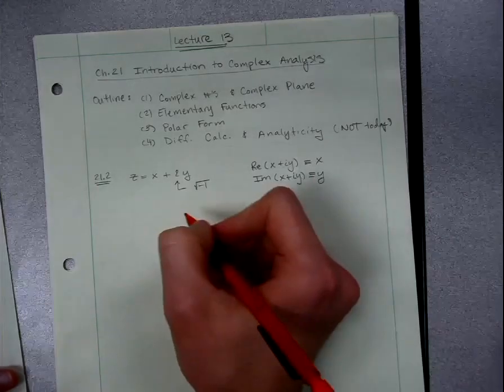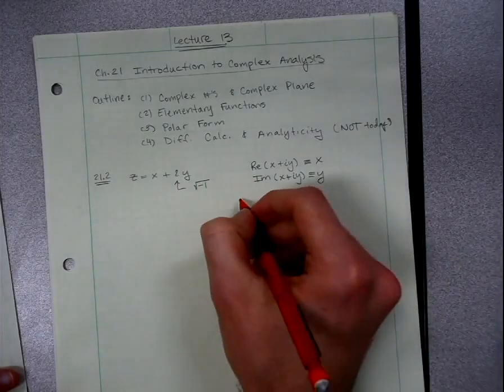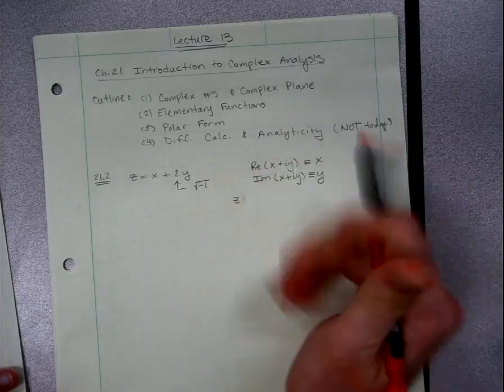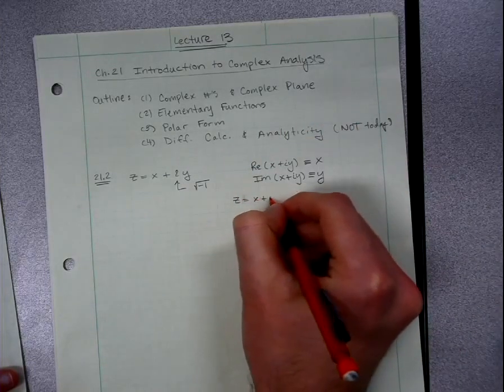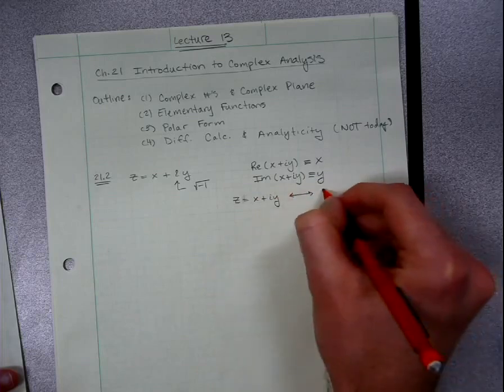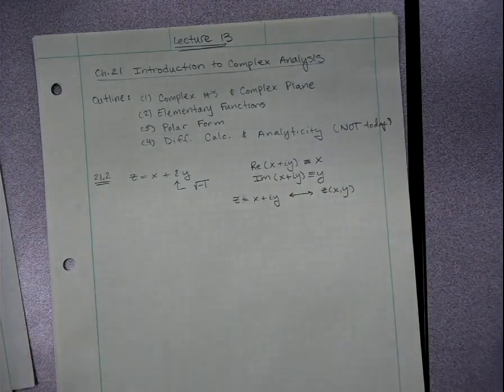Another thing to note. This is just all notation. z equals x plus iy. That's the same thing as writing z equals (x, y). And we'll see that used in just a second.